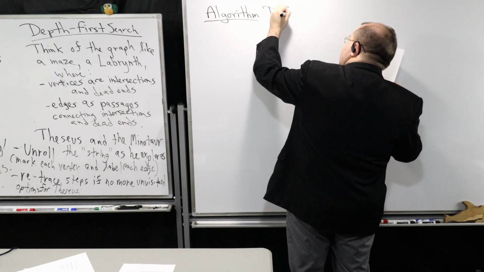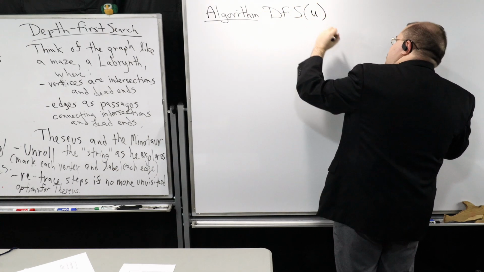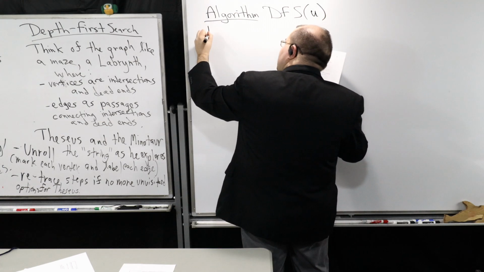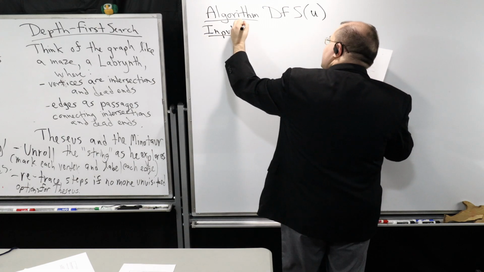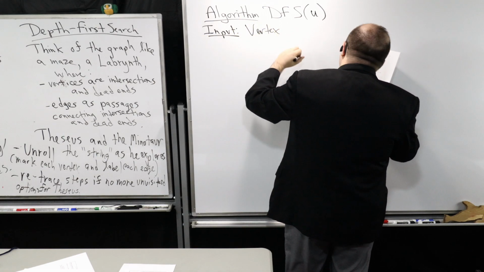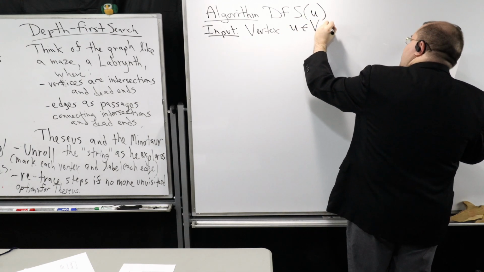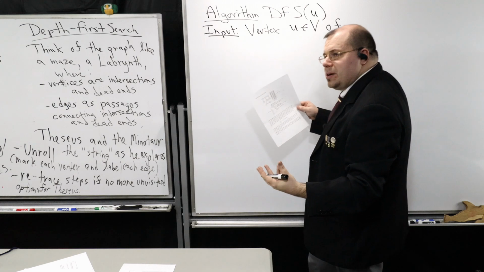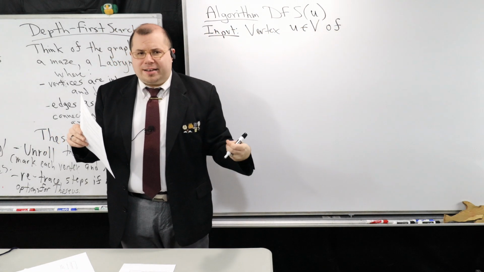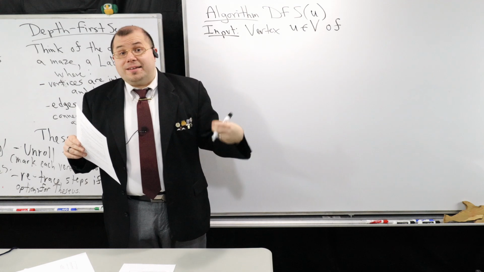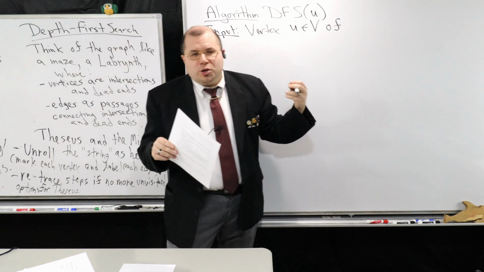We have DFS, and I'm going to be given a vertex U. The input is going to be a vertex U among the vertices of the graph. And one thing I'm going to presume when I write out the pseudocode here is that the graph is connected. But I must stress that this algorithm doesn't actually require that. It will only reach vertices that are reachable from U.